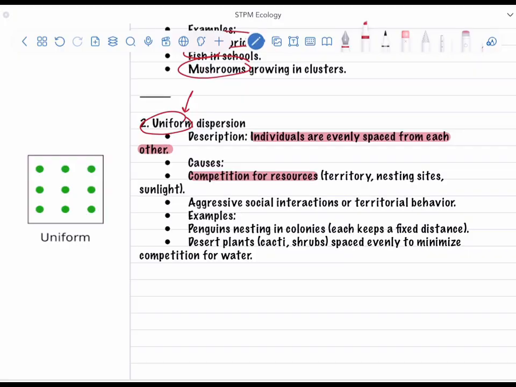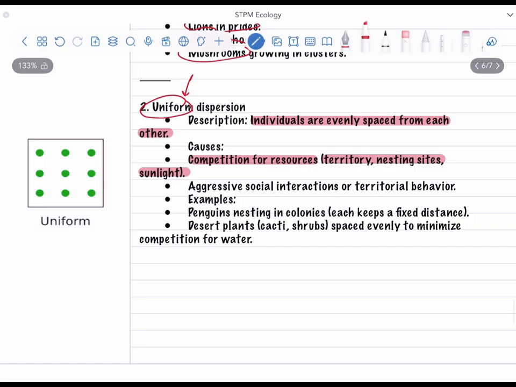The natural phenomenon that we can see is that it occurs when the leaves or the roots of a plant produce toxins to inhibit the growth of the plants nearby, or by the territorial behavior of certain animals. This is because the resources are very limited.